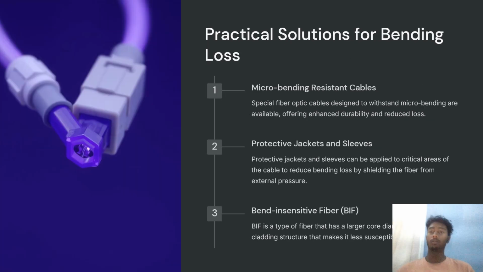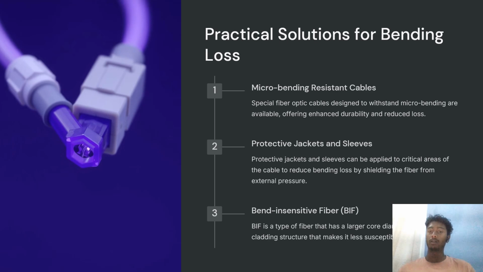These are the practical solutions for bending loss: microbending resistant cables, protective jackets and sleeves, and bend insensitive fiber. Special fiber optic cables designed to withstand microbending are available, offering enhanced durability and reduced loss.